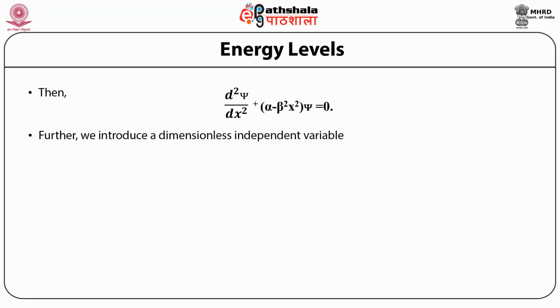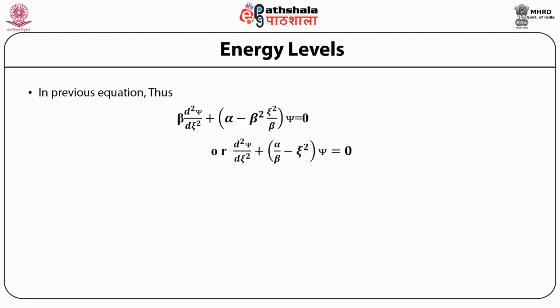And we introduce a dimensionless independent variable ξ = √β·x, so that d²/dx² = β d²/dξ². In the previous equation, this gives β d²ψ/dξ² + (α − β²ξ²/β)ψ = 0, or d²ψ/dξ² + (α/β − ξ²)ψ = 0.